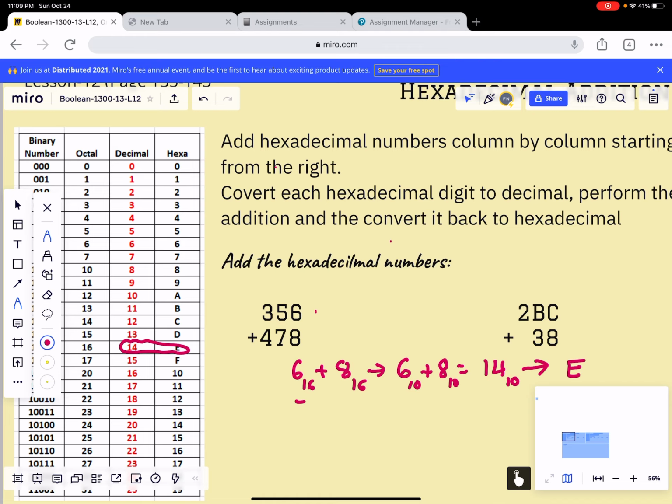Okay, and then I do the same thing with the second column. 5 hexa plus 7 hexa, I'm sorry, 7, not 8. Let's do it again.